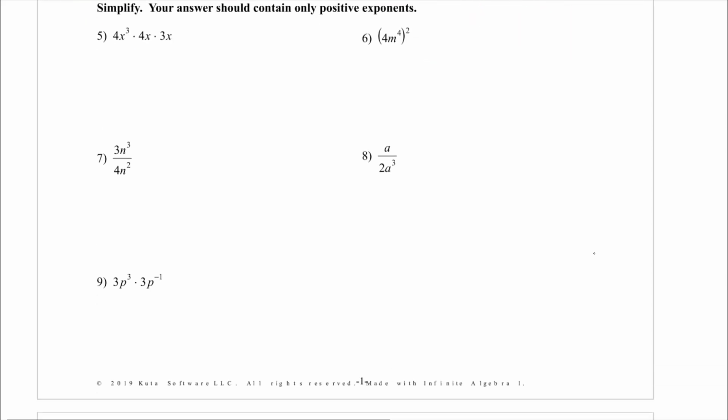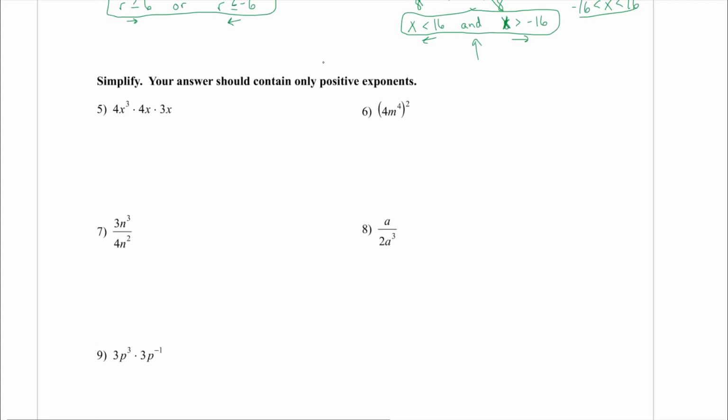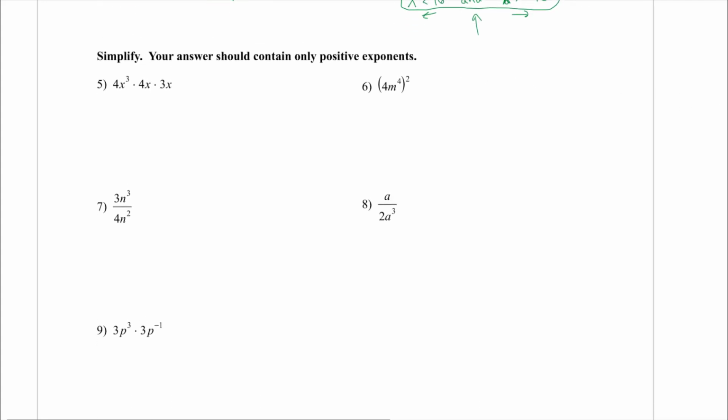Let's look at some exponent rules. The deal with exponents is we are being told how many of a certain variable or number there are. And that works differently than the number in front, the coefficient.